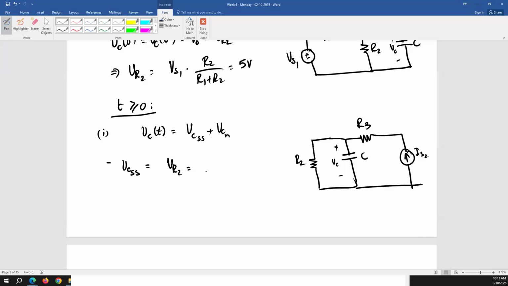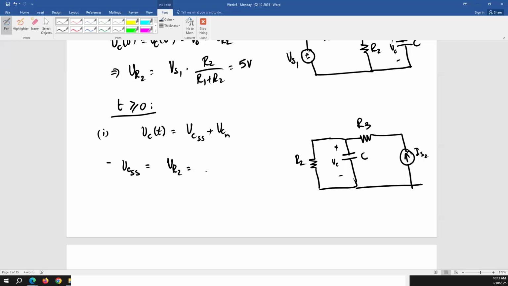All right, Jose, what will be the steady state voltage across the capacitor? If it's taking you that long, I'm going to ask someone else. Yes, Chris. No, you open the capacitor when it is fully charged.